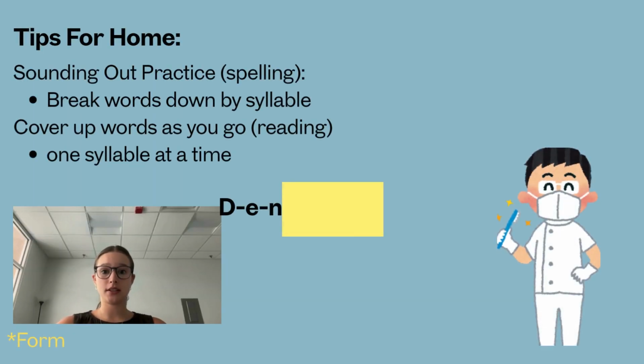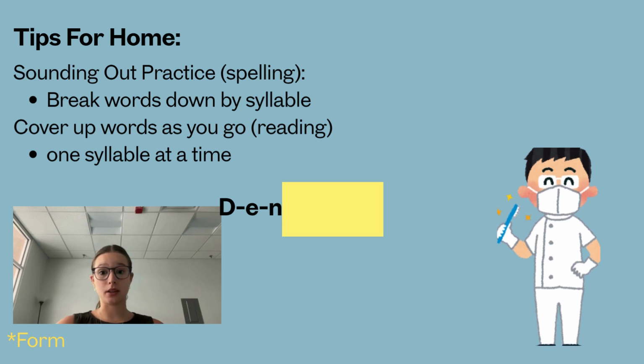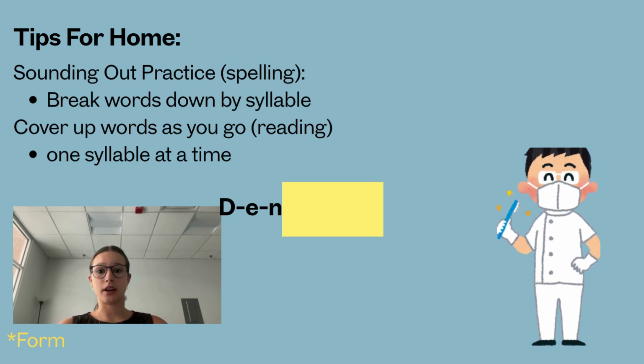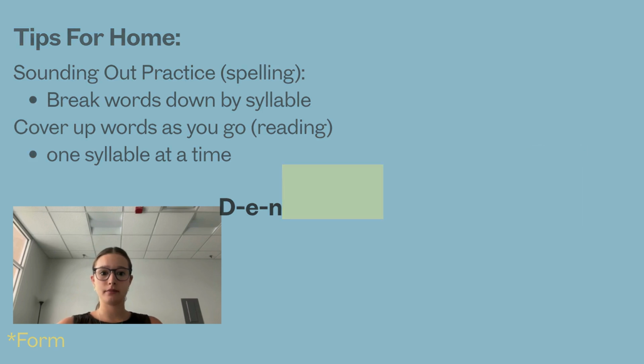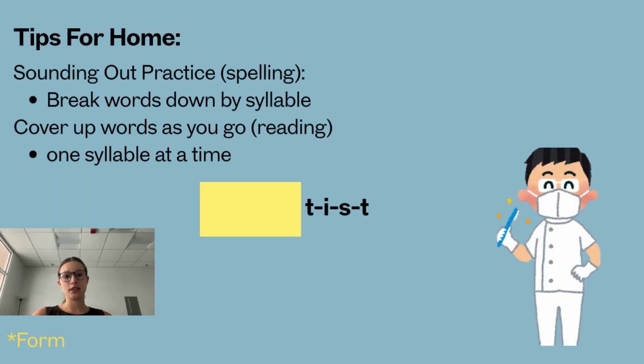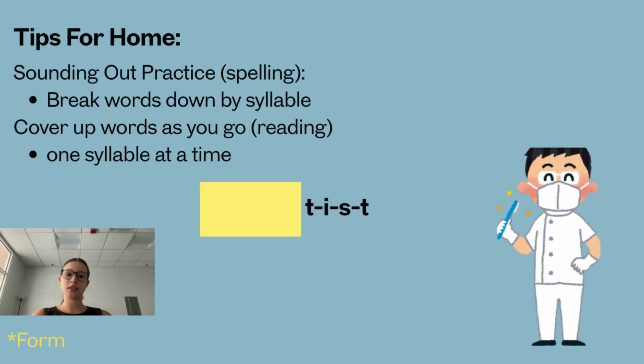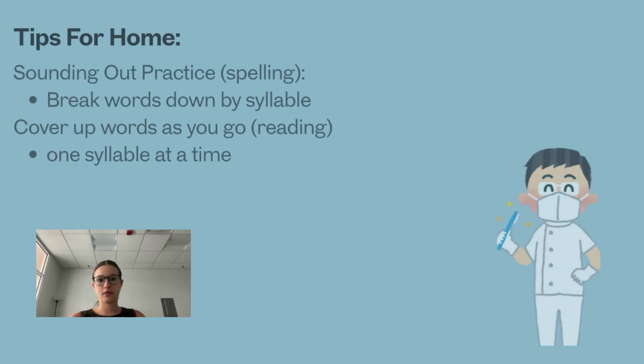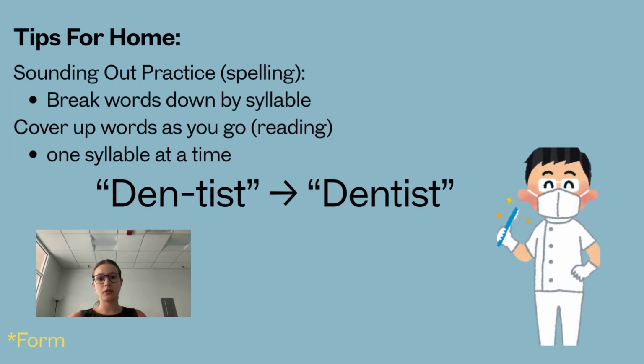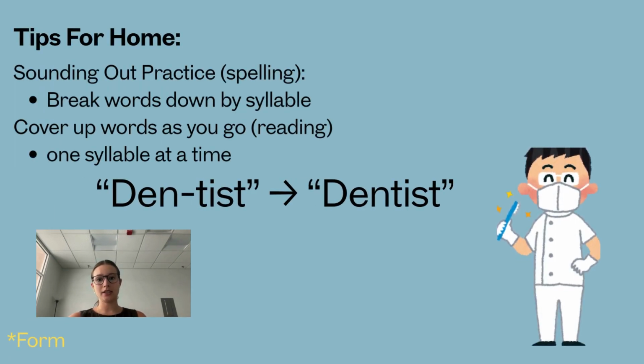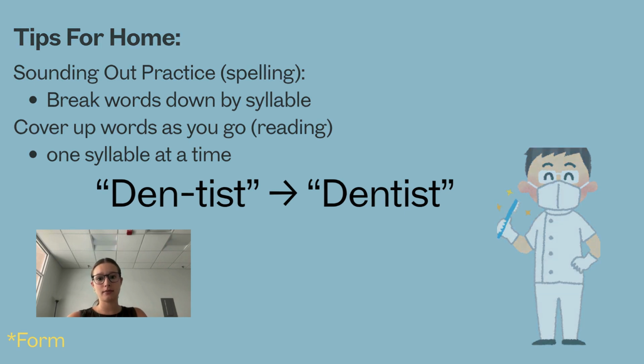With the word dentist, you would begin with the first syllable, den, and sound it out letter by letter: d, e, n. Then the second syllable, tist: t, i, s, t. Finally, you move the two syllables together, den and tist, to form the word dentist.